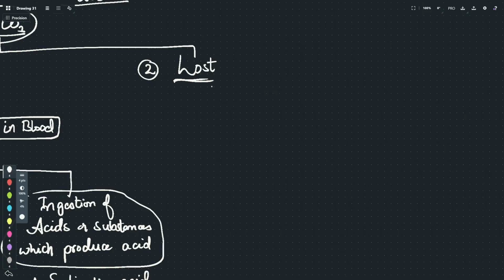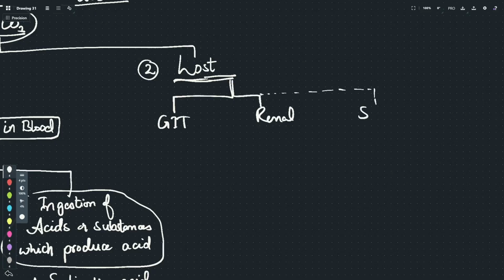Something can be lost from our GIT, gastrointestinal tract, via the route of feces, right? So GIT, and I will explain these things, don't worry. Or as urine from the renal route, the kidneys, and then from sweating as well, isn't it?